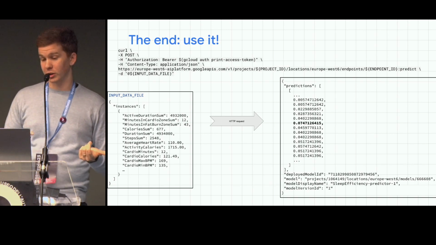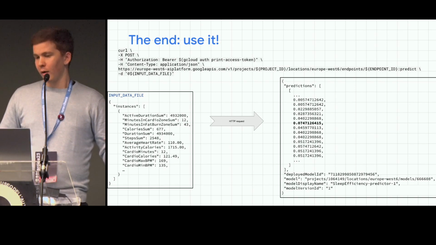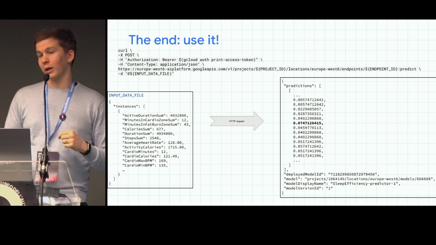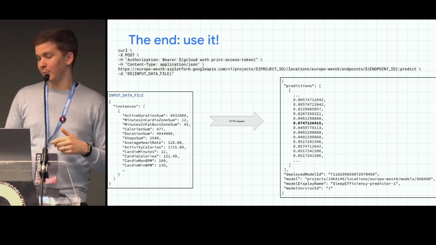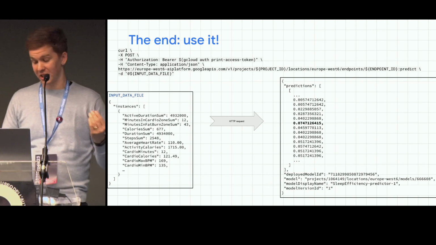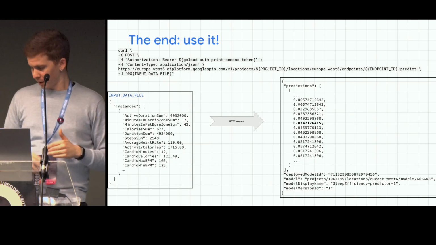The array of predictions is just 100 values, where we can run the argmax over the array in order to get the position of the highest point. That means that the score of our sleep efficiency will be the one in that position. For instance, in this case, it will be, I guess, something like 74.